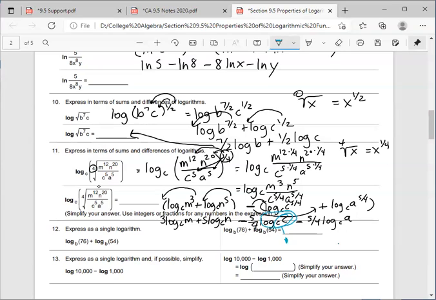So my final answer on this one is 3 log base c of m plus 5 log base c of n minus 5/4, because this is 5/4 times 1, minus 5/4 log base c of a. Okay, that's the most challenging one there, definitely.